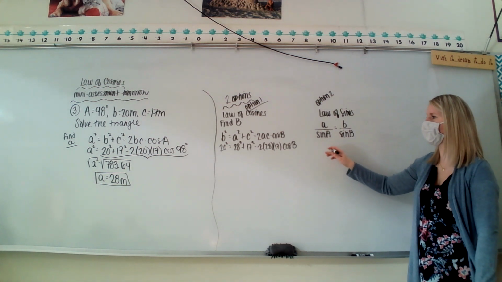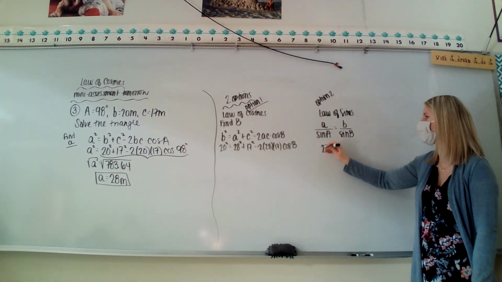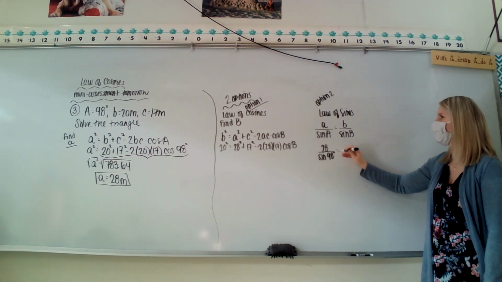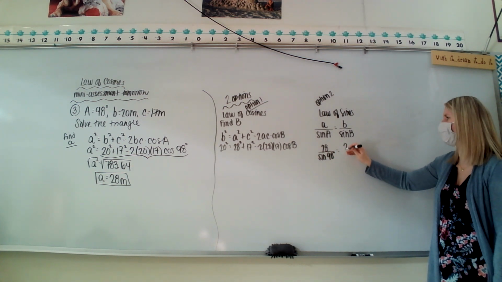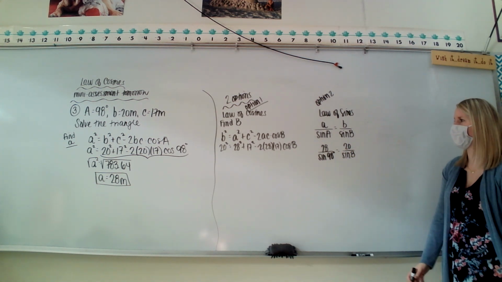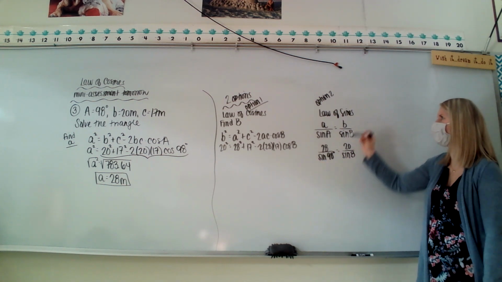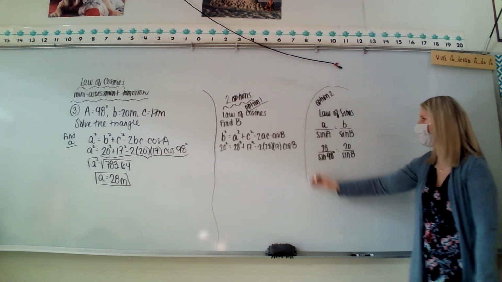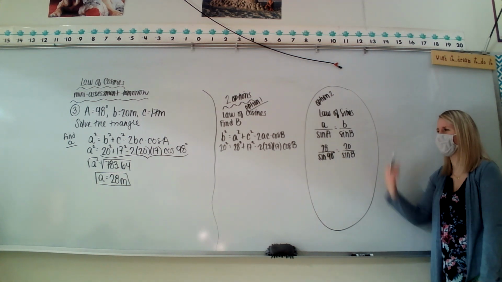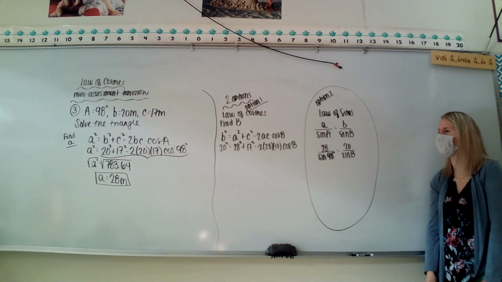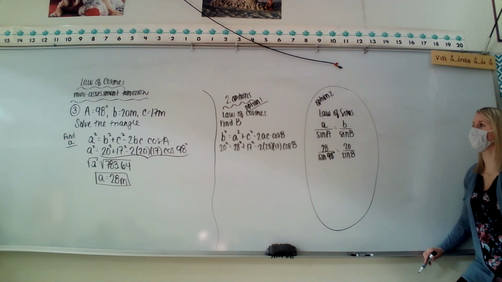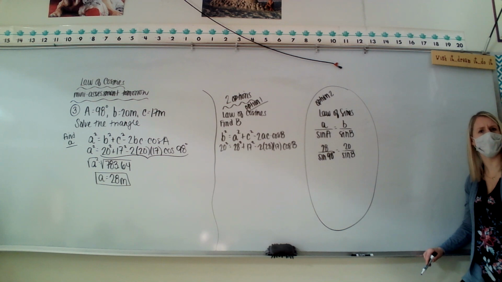If I plugged this in, it would be 28 over sine of 98 equals 20 over sine B. I'm going to be honest, if I have to choose between this way and this way, I'm choosing this way. I don't hate the other way, it's just so much work sometimes. We'll get the same answer. So it's just a preference thing. You choose which option you like and you go with that option.